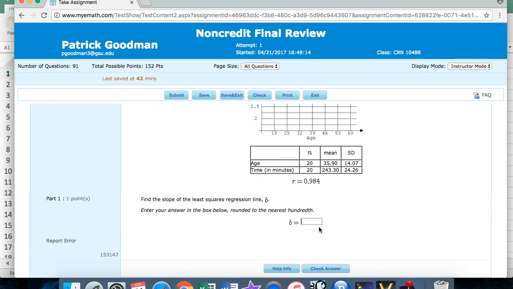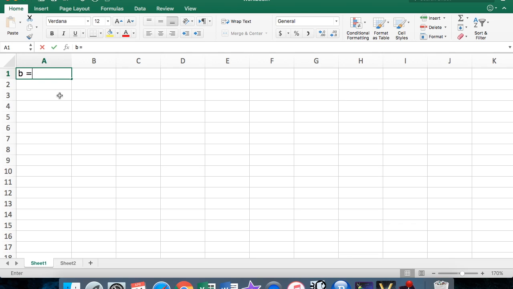But your formula for your B, remember B is equal to your R times your standard deviation of Y divided by standard deviation of X. And that is your B, or your slope, as they call it. So let's find this one.